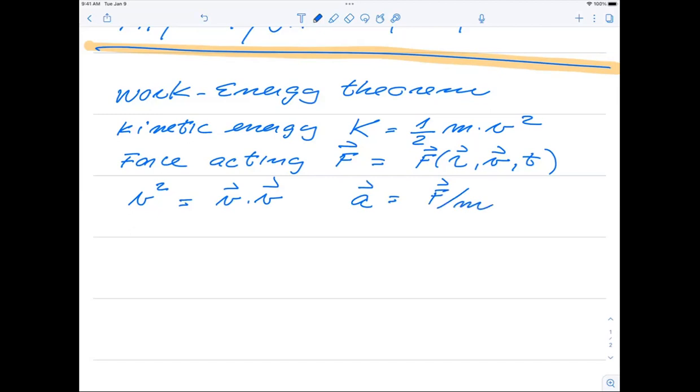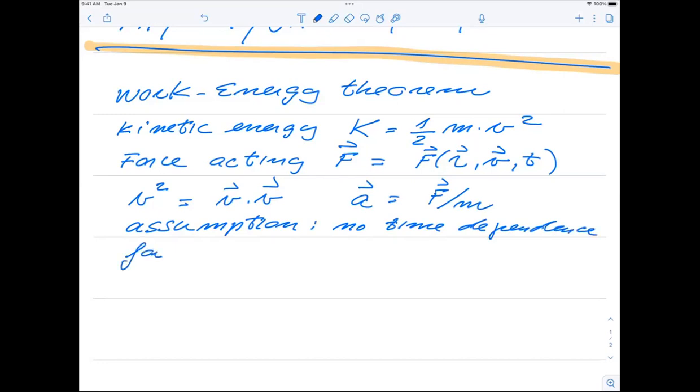We are also going to make an assumption now, and that is that the mass does not depend on time. So no time dependence for mass. So that means that the total mass of a specific system is actually conserved, and it doesn't change with time.